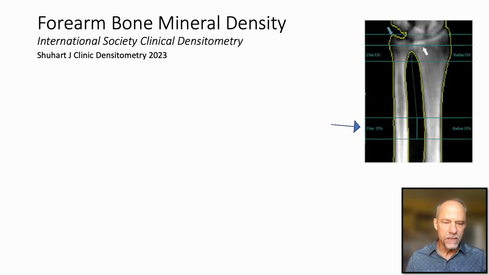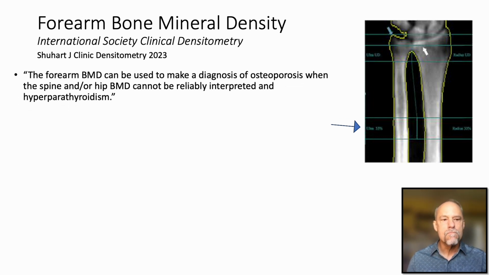Forearm bone mineral density, when is it important? The forearm BMD can be used to make a diagnosis of osteoporosis when the spine or hip BMD cannot be reliably interpreted, and in conditions of hyperparathyroidism, which I'll mention right at the end here.